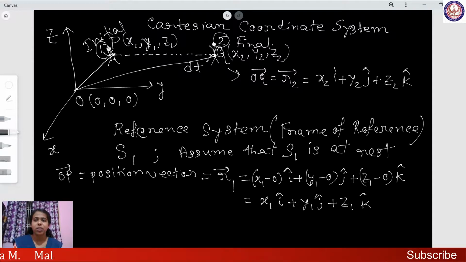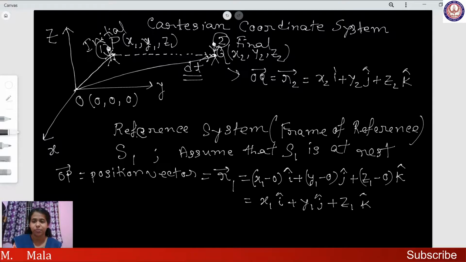Now, if he moves from P to Q in a very small time dt, what will be his displacement? His displacement will be the vector PQ. Displacement, as we define, is the final position vector minus the initial position vector.